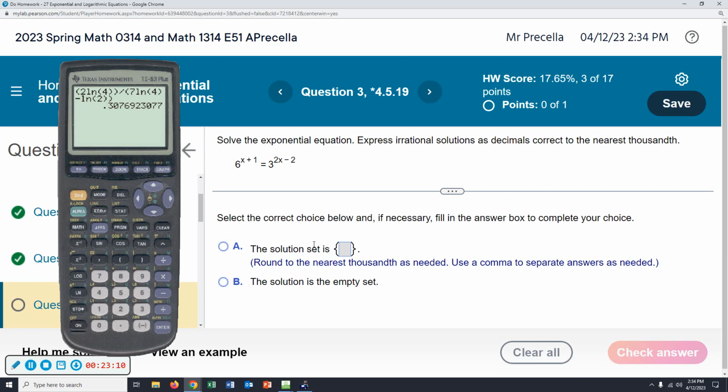Wait, don't erase. Let me see. It's just frustrating because I'm literally 2 ln 4 divided by. No. You've got to have a parentheses in front of that 7. Let's see. Second entry.